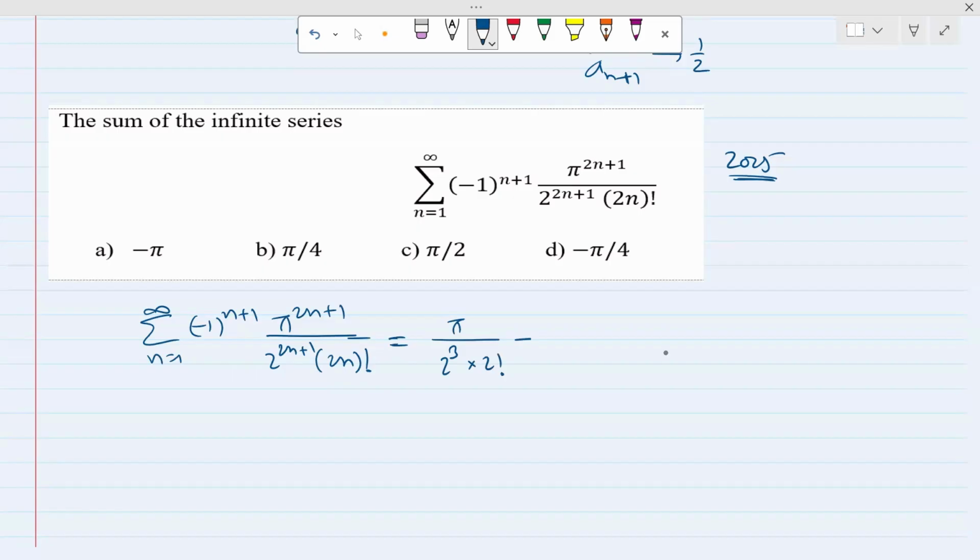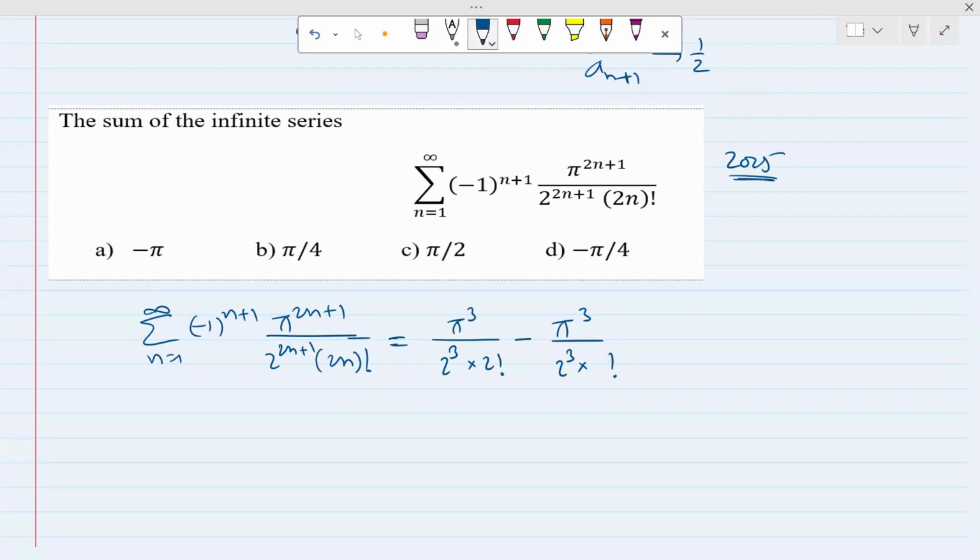Minus, n equal to 2: pi cube upon 2 cube into 4 factorial. First term is pi cube.